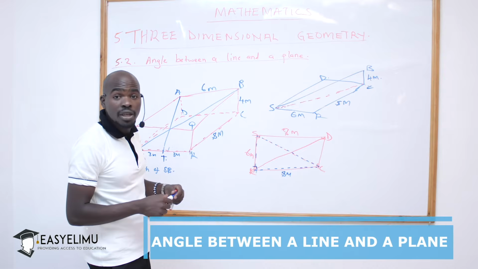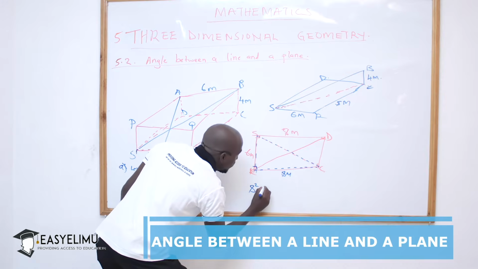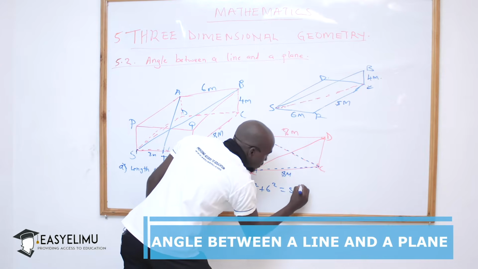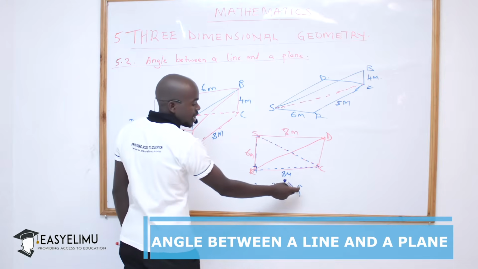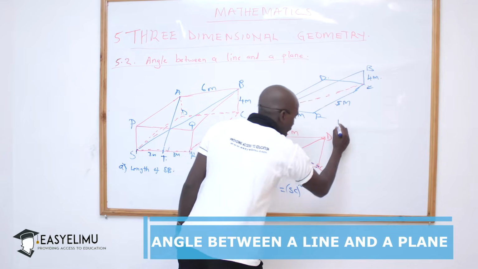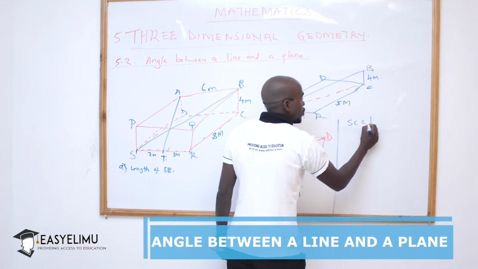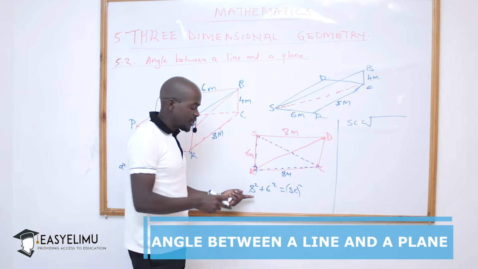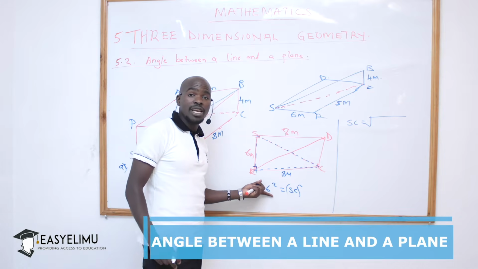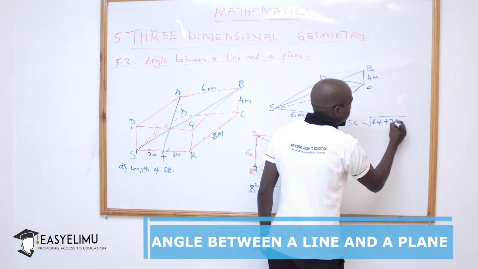And since this is a right angle triangle, I'm going to use the Pythagoras rule, which we used in our trigonometry 3. So here we shall say that 8 squared plus 6 squared gives us SC squared. And if we need SC, then we should find the square root of both sides, which implies that SC is equal to the square root of 64 plus 36.